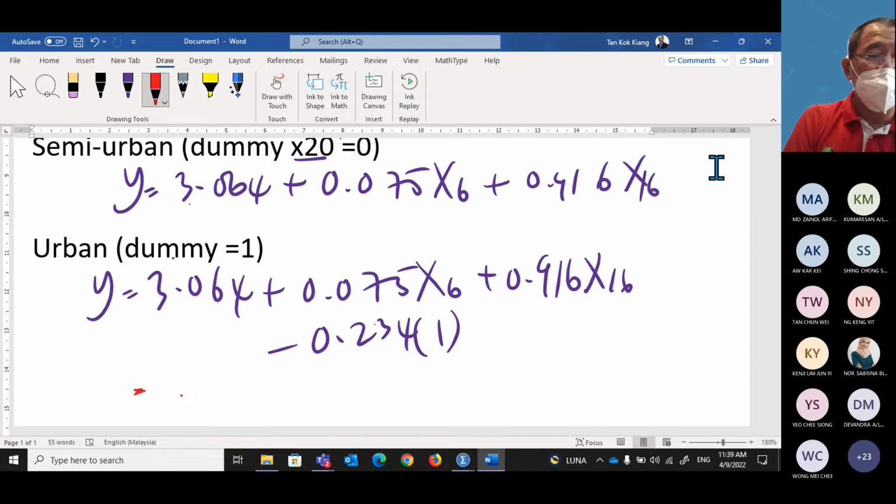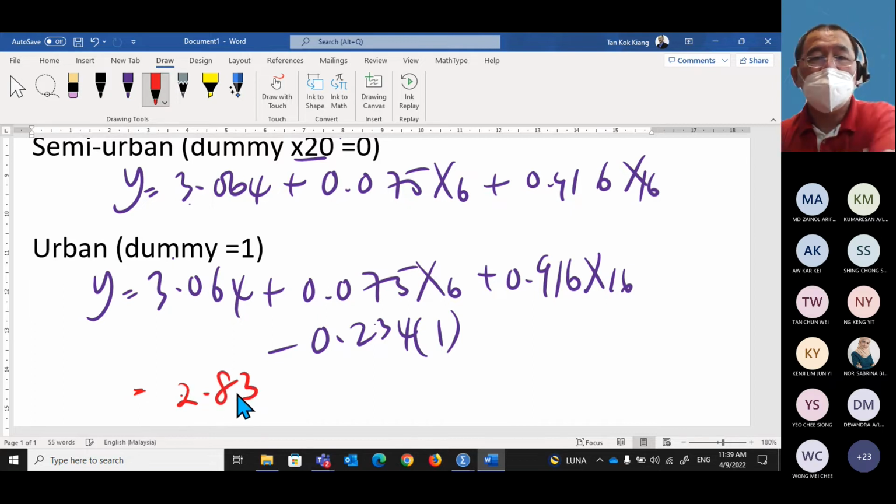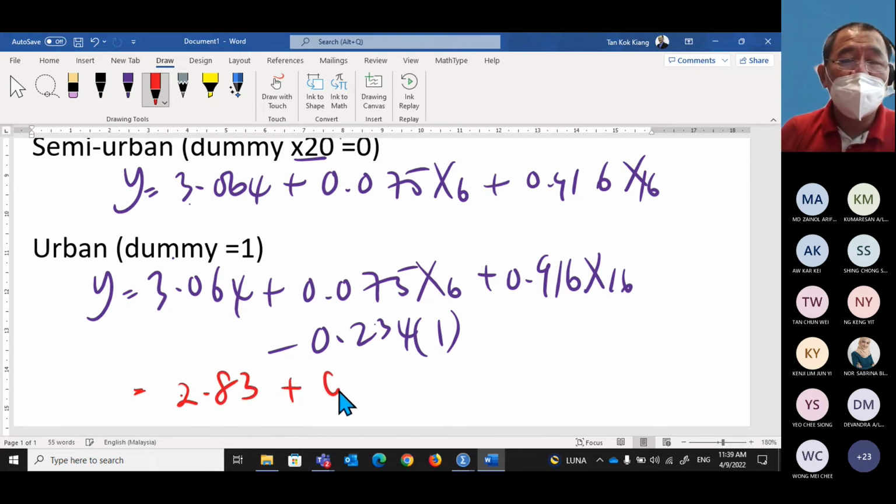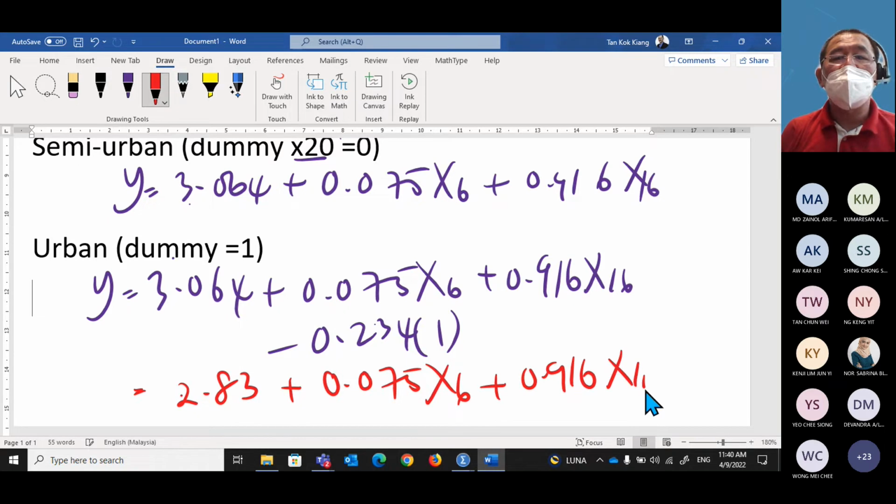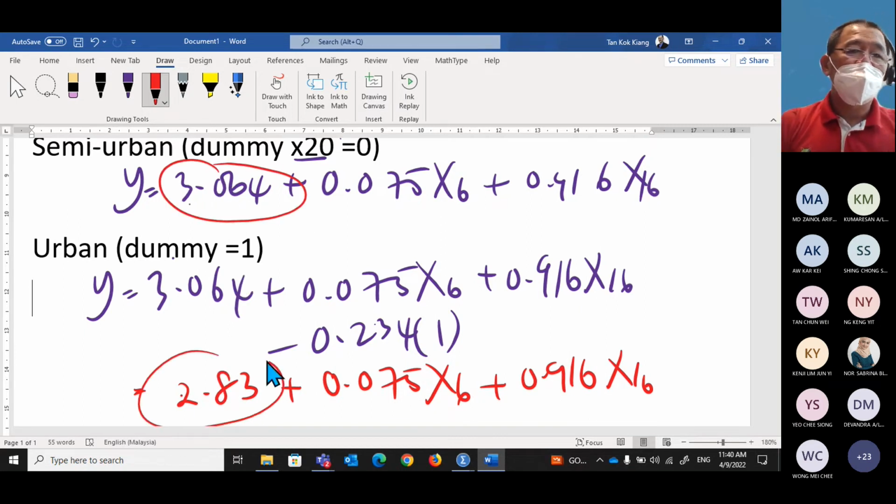Sorry, 3.064 minus 0.234, we get 2.83, and then plus 0.075 x6, plus 0.916 x16. This is the difference between the semi-urban and the urban. Only the intercept is different. The rest is all the same.